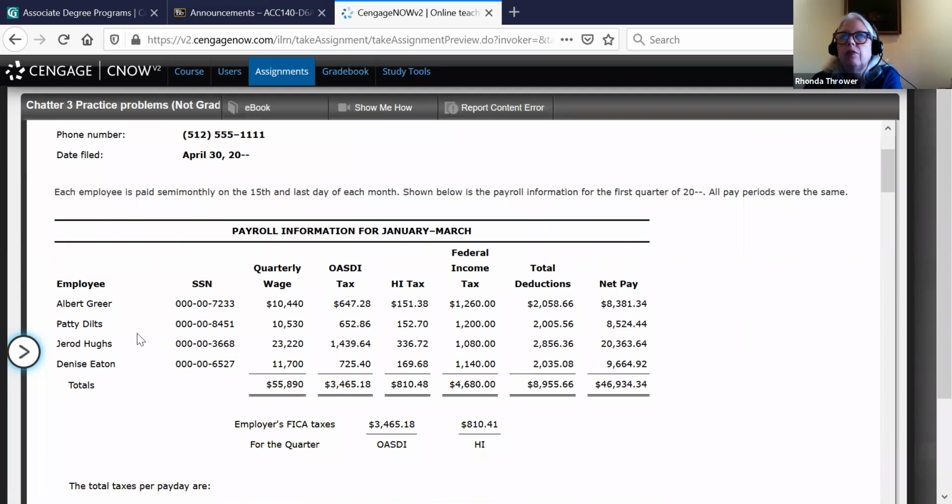So what they've given you, they've already figured out what the quarterly wages are going to be for each one of the employees and the total amount. They figured out what the OASDI tax is, and that would be based on the semi-monthly pay. So they've already figured that this was the semi-monthly pay, which you take your quarterly wage and divide it by 3.